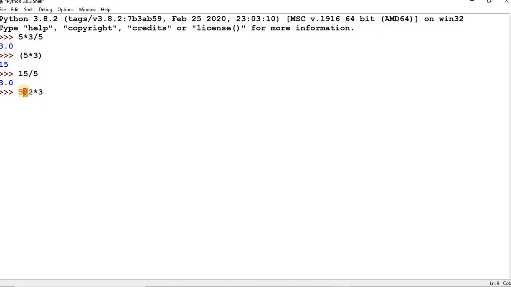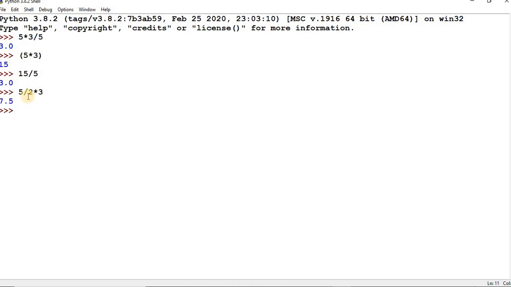Here the division sign is placed before the asterisk symbol, meaning multiplication, so division is evaluated first, and then the result of division is multiplied by 3. So you get 5 divided by 2, which is 2.5, multiplied by 3, so you get 7.5.